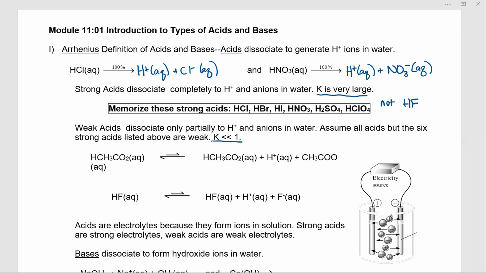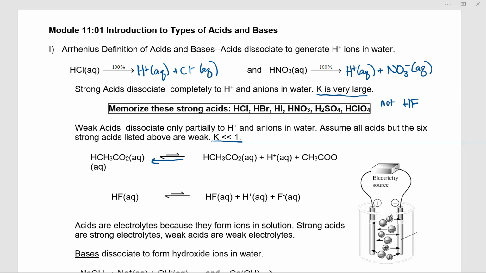So I have an example of 2 weak acids here. The first is acetic acid. Notice that I have drawn it so that the equilibrium arrow is pointing much more towards the reactant side because very little dissociation actually takes place. Likewise, hydrofluoric acid only dissociates partially in water.